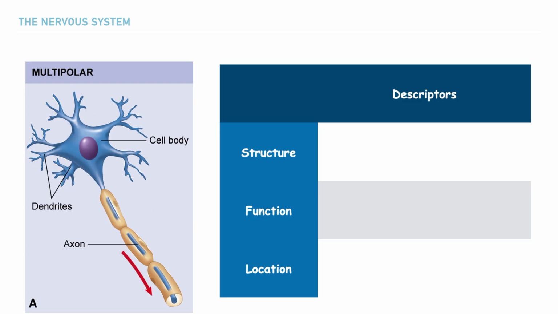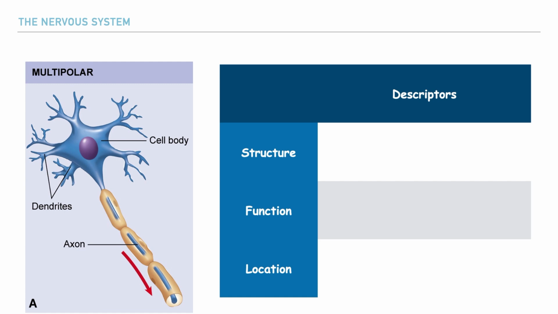So without further ado, let's jump into a description for multipolar neurons. And as we do this, let's take a look at the image that we have here on the left side of the screen. Looking at the image alone, we can see that we have a cell body, dendrites, and an axon. But let's make a descriptor for this neuron type so that it's easier for us to differentiate it from the other neurons we'll talk about in just a few moments.